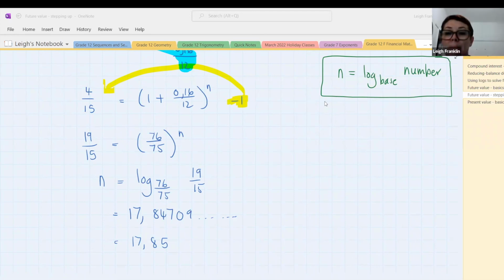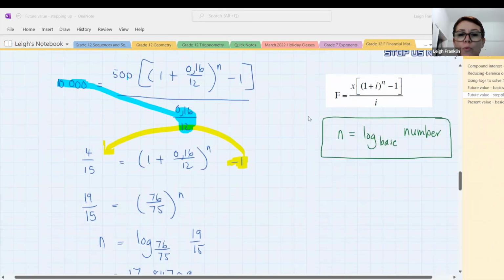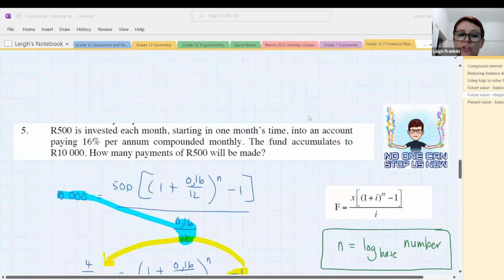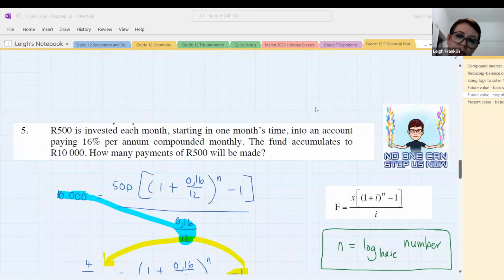Okay, but hang on a second. If they asked you for the number of years or months, then that is 100% accurate. I quite agree with you. But what did the question say? The question said, how many payments of 500 Rand will be made? It didn't ask you for time, it asked you for the number of payments.